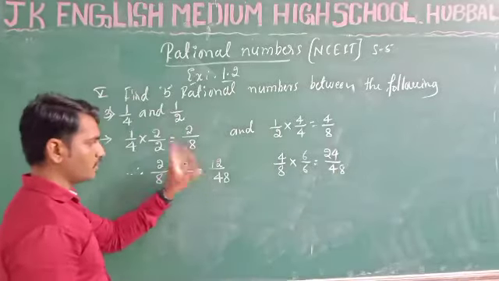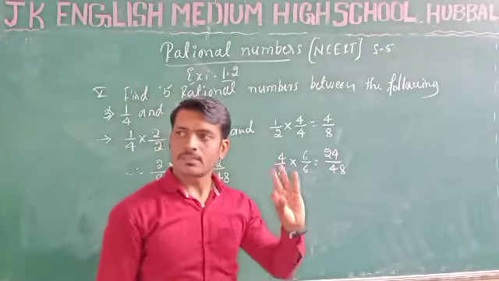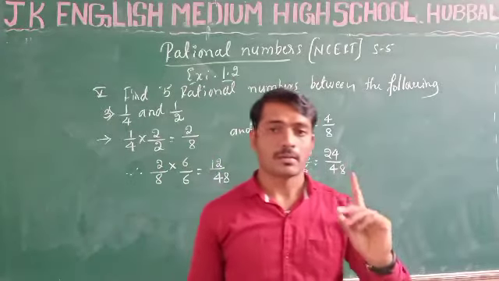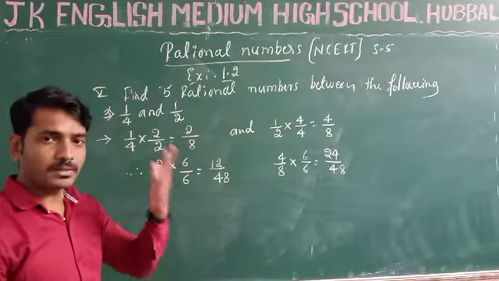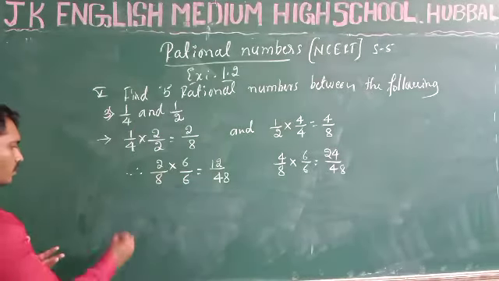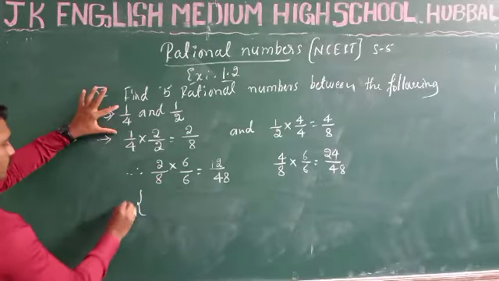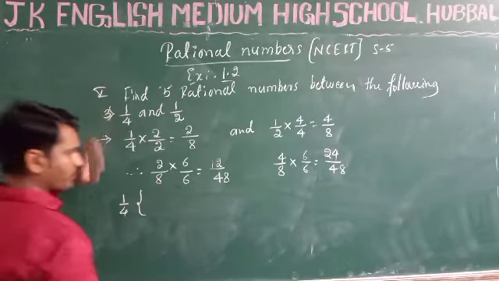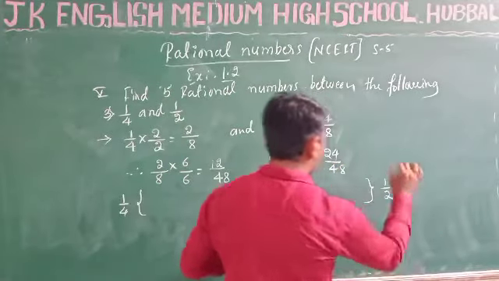Now check out: 12, 13, 14, 15, 16, 17, 18, 19, 20, 21, 22, 23. We can write this many rational numbers. So the first number is 1 by 4, which is 12 by 48, and 1 by 2, which is 24 by 48.